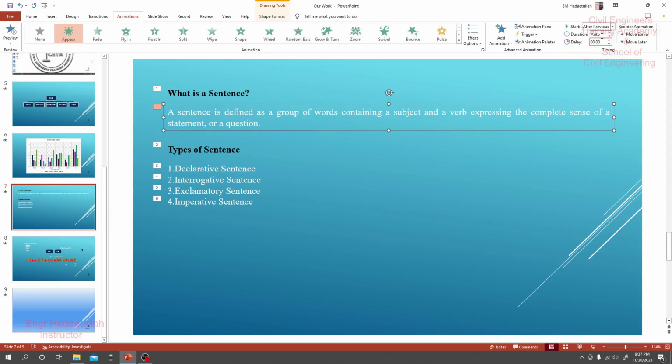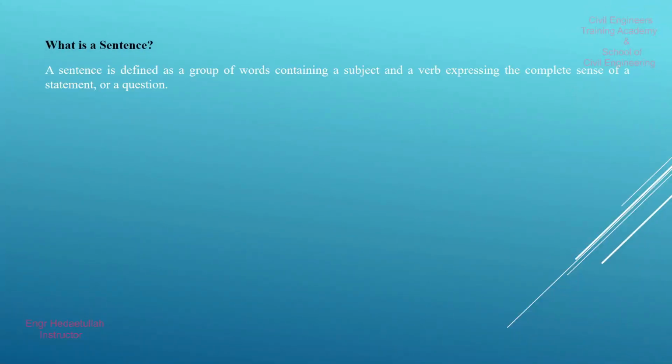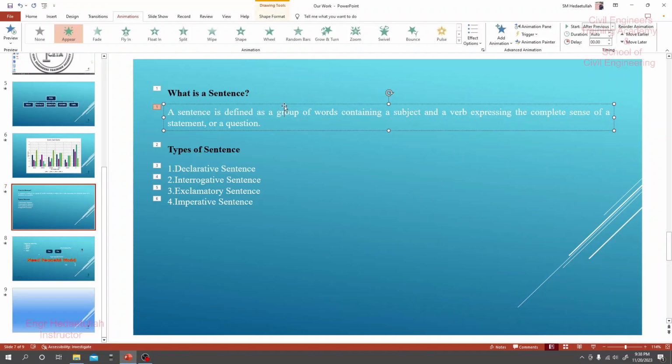And here the duration is given as Auto. So what happens if we take it Auto, then enter: just see, after our sentence comes, the next is coming automatically. Now you can delay it as per your requirement.